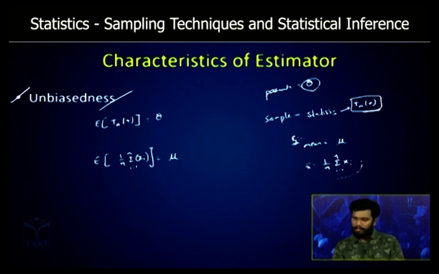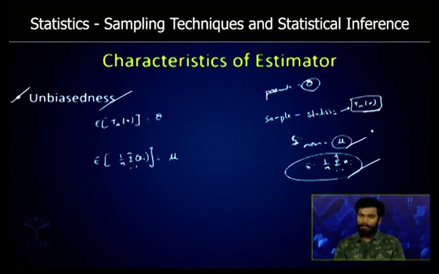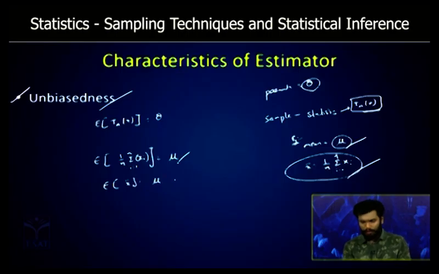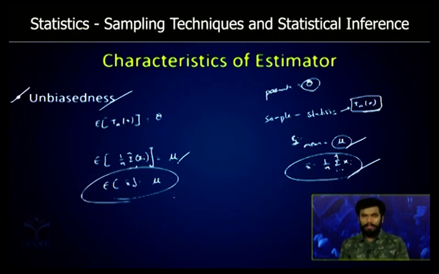So this is an unbiased estimator for estimating the population parameter mu. There is a small derivation, but we don't need the derivation, just remember this statement: the expectation of x bar is equal to mu. So the sample mean is an unbiased estimator for the population mean.